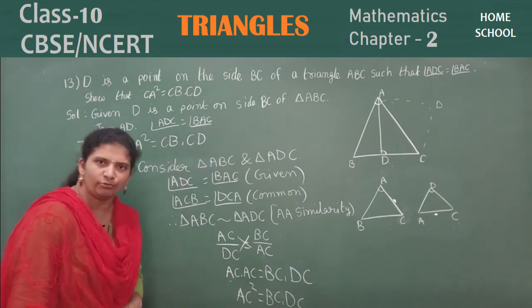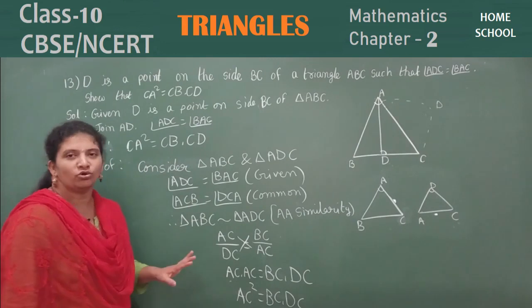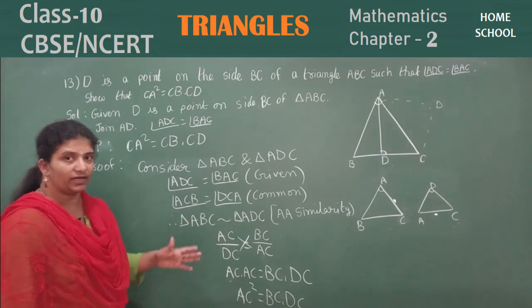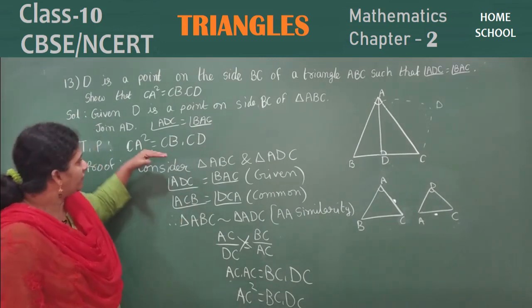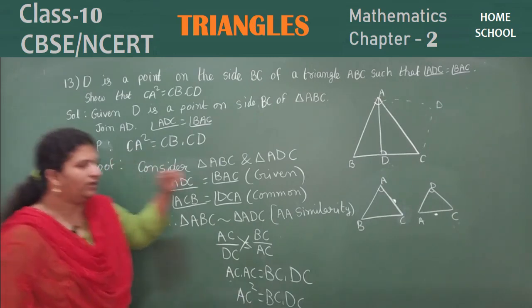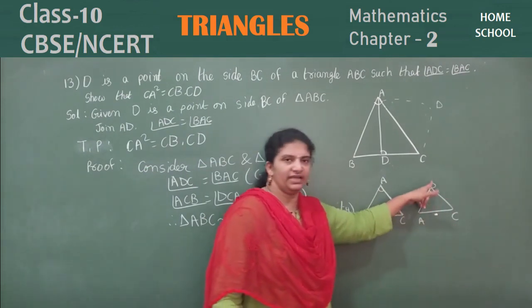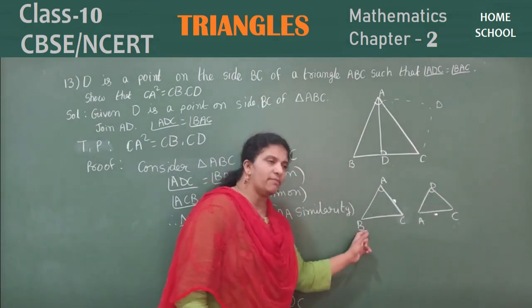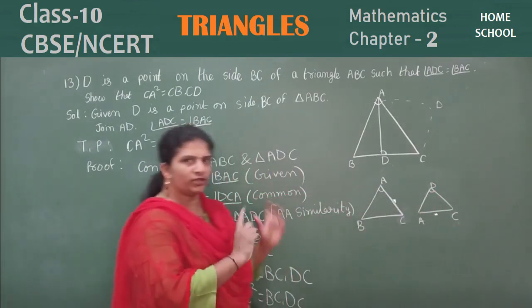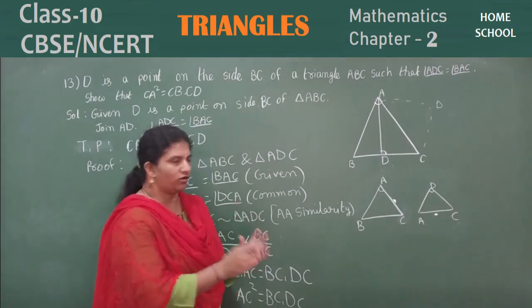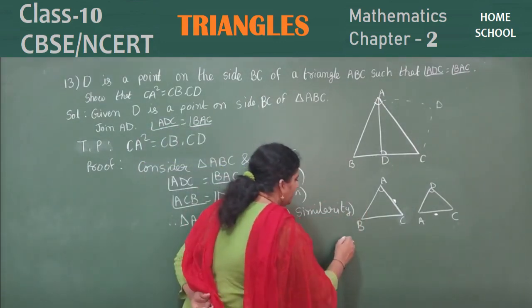You can rewrite, no problem, children. There is no rule that you have to do it only like this. If you prefer, you can consider CA by CD is equal to CB by CA. See, both are correct. Don't think that it is wrong. So let me do that also.